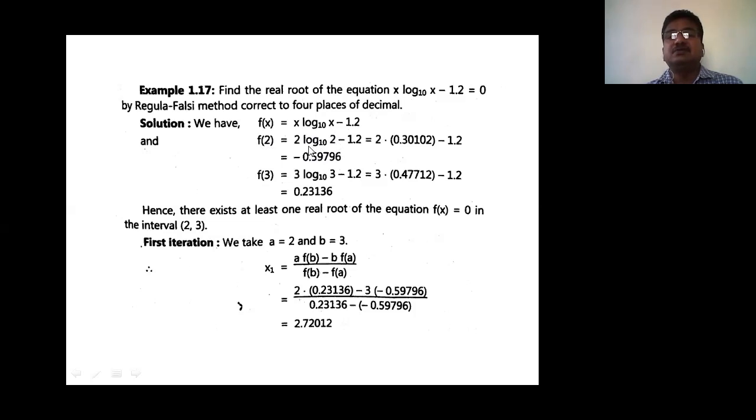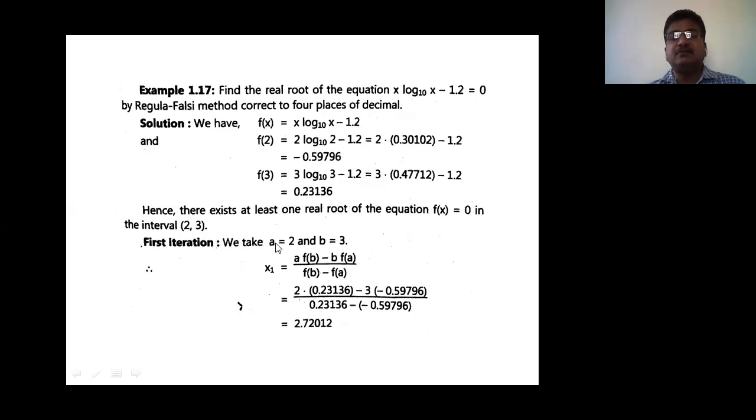If there is no base, then assume the base is e. So here, using the calculator, find log 2 using the log key. And then log 3 is this quantity, using the calculator, and therefore the root lies between 2 and 3.